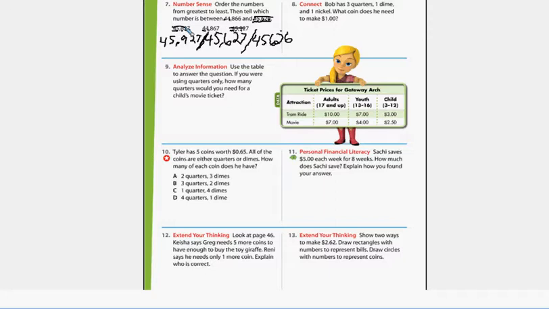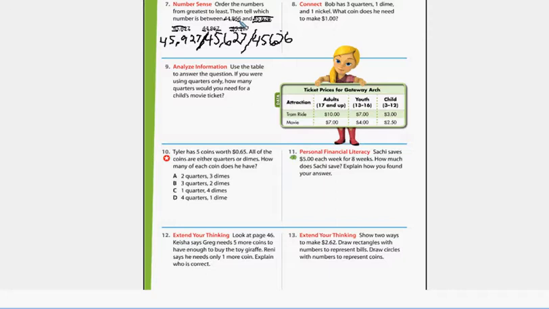My next largest number, I have 4s. I'm going back to the thousands place, and I have 4s in both. So I'm going to go to the hundreds place. I have an 8 right there. I have an 8 right there. That's the same. I have a 6 right there. And I have a 6 right there. That's the same. So I have to go to the ones place, I have a 7 there and a 6 there.